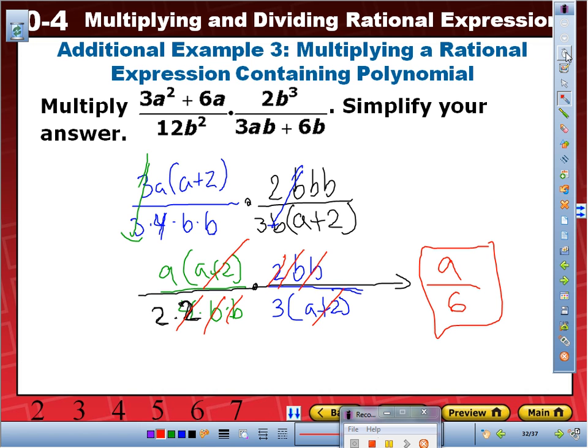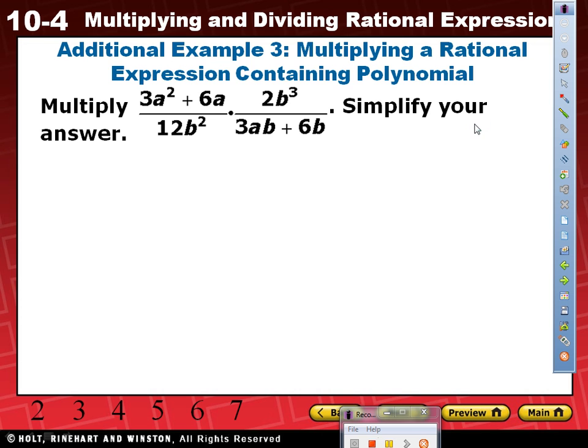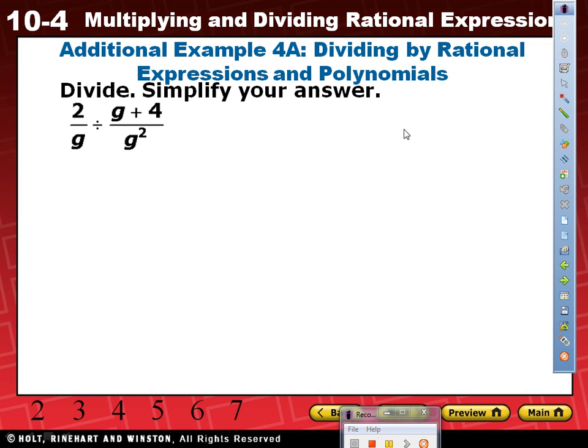All right, here we go. That was too happy? All right, copy this one, please. 2 over g divided by g plus 4 divided by g squared. Okay, here we go.